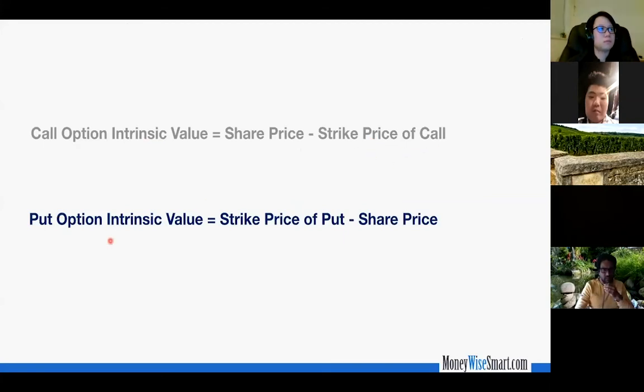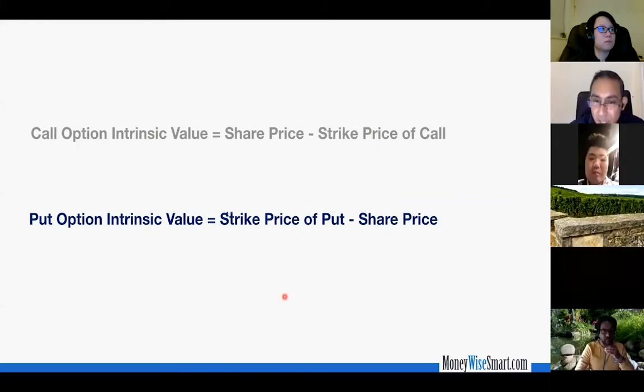But in case of a put option, the intrinsic value is the strike price of the put minus the share price, because if I own the put, I have the right to sell the stock. So obviously the intrinsic value is whatever the difference is. If the strike price is higher than the share price, then the put option has a positive intrinsic value. Whereas if the strike price is lower than the share price, then the put option has no intrinsic value, just like that wallet. When there was no money inside, the wallet had no intrinsic value at all.